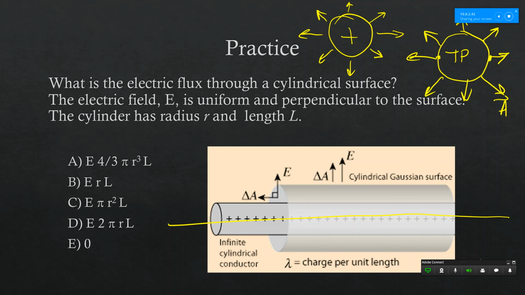Why not tangent to the circle? Because the tangent of the circle is the surface, and if that were the sheet of paper, the line that I just drew, then the area vector is pointing outwards.